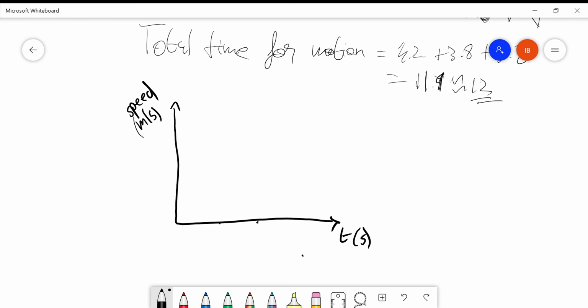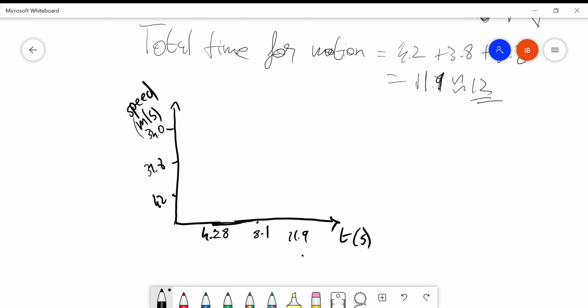Now for this we have to take 4.2, 8.1 and here 11.9, and 42, 37.8, 34.